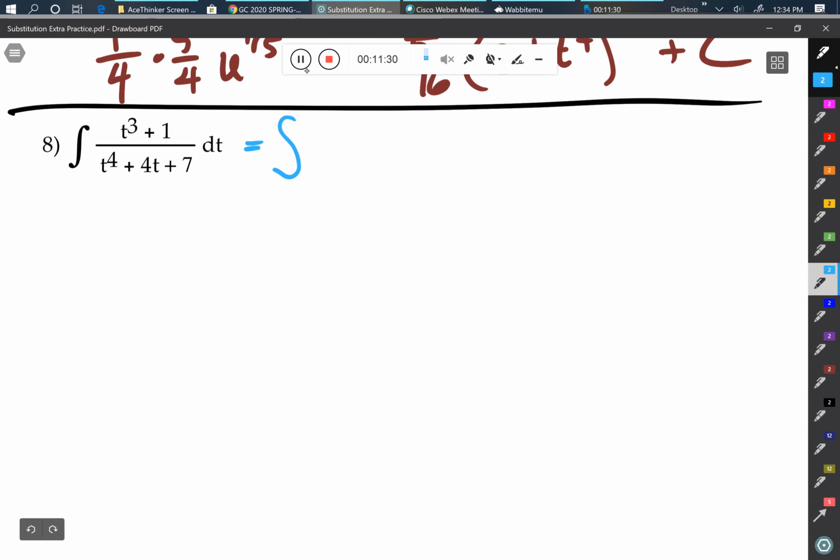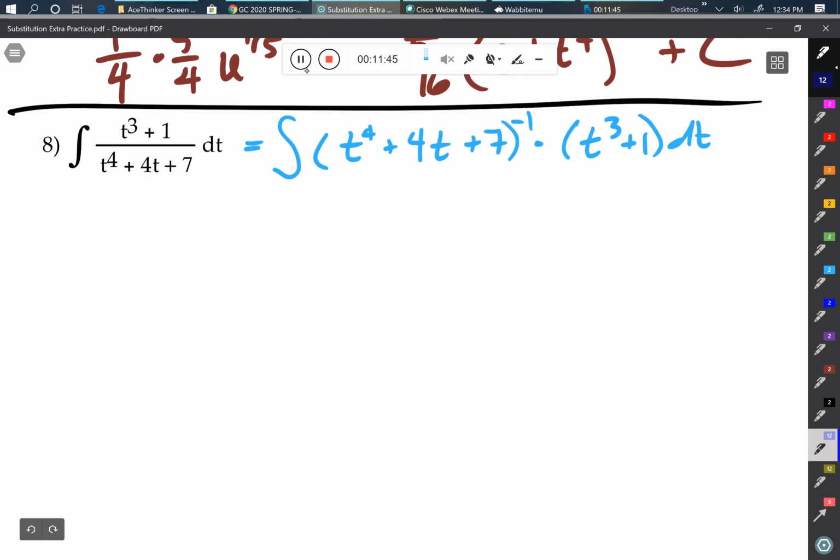If I were to rewrite this as the quantity t to the 4th plus 4t plus 7 to the negative 1 times t cubed plus 1 dt, now I see my function raised to a power. And I can identify my u as that denominator, t to the 4th plus 4t plus 7.